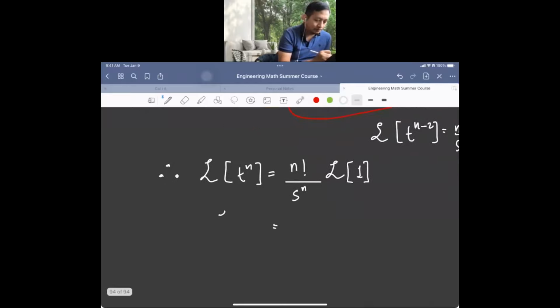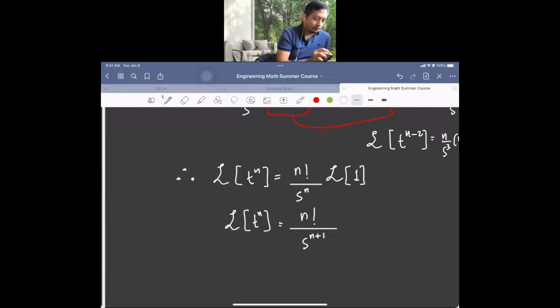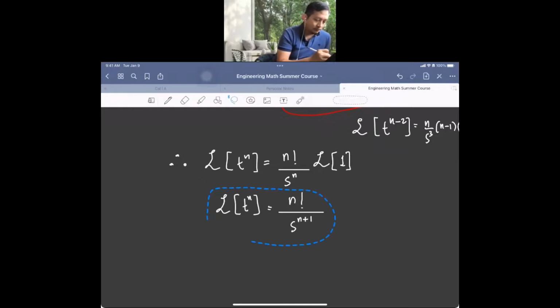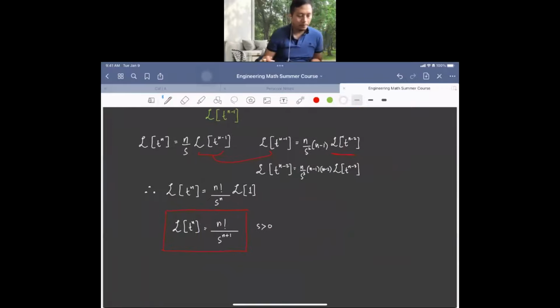Or we can simply say n factorial divided by, because Laplace of 1 is 1 over s, then multiplied with s with power of n, this will be s^(n+1). This is true for s greater than 0.